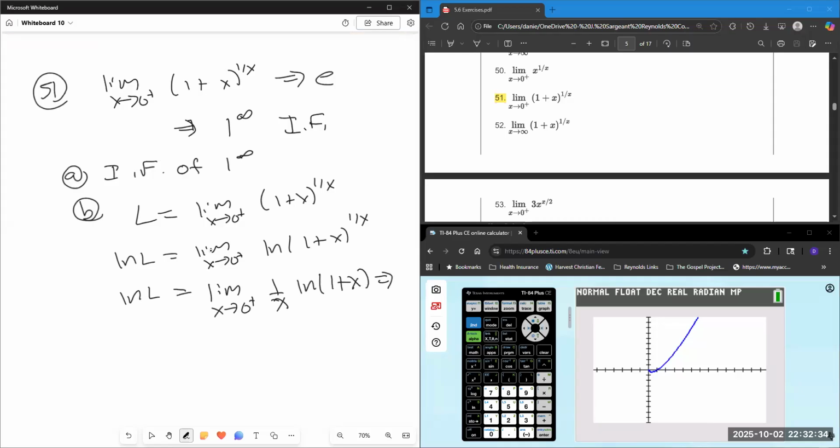If I try direct substitution now, this is infinity times 0, not quite right. I need to take another step to get it to be infinity over infinity, or 0 over 0. Now if I try that again, this is going to give me ln of 1 is 0 over 0. That's correct. I'm able to use L'Hopital's rule now.